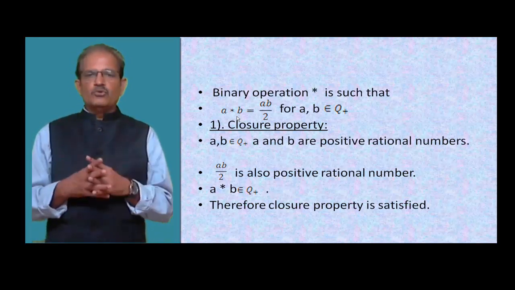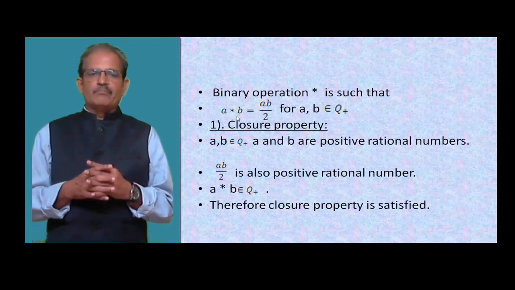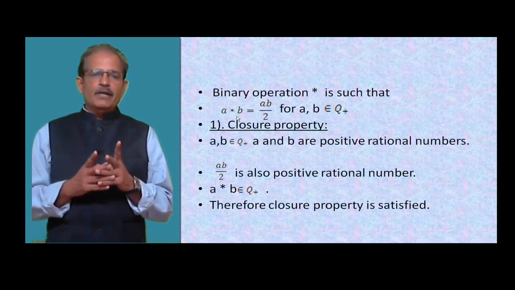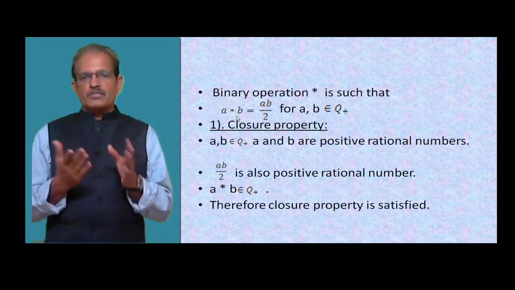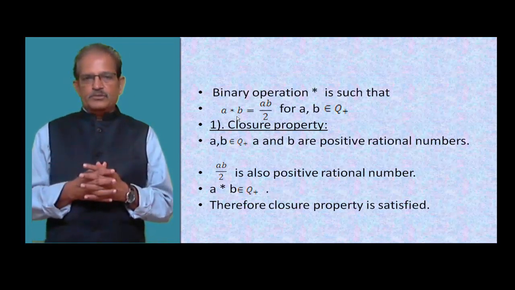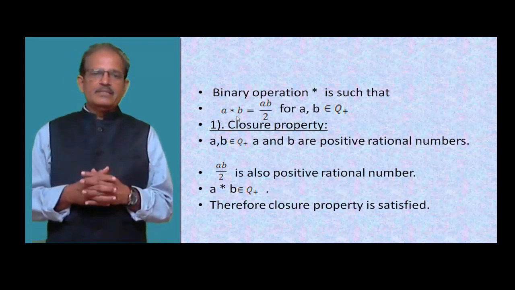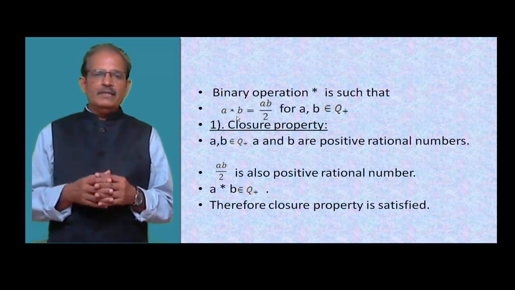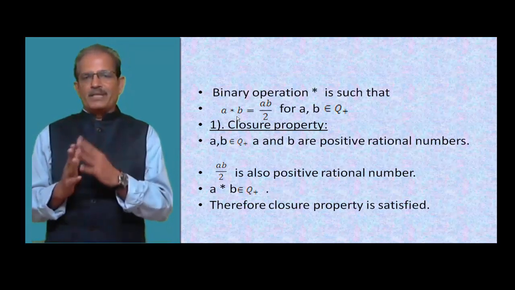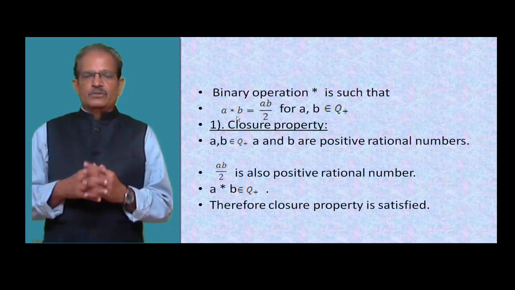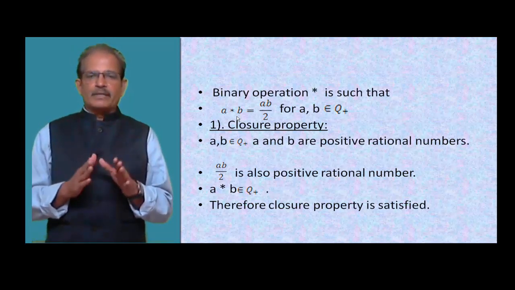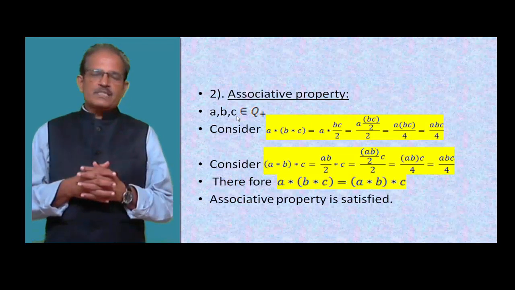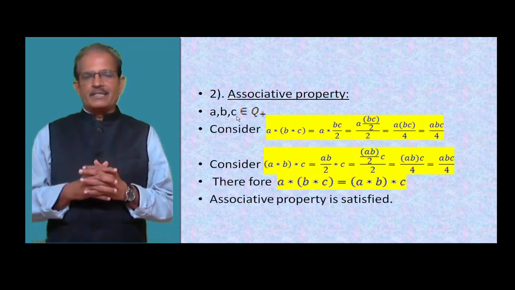When A and B are two positive rational numbers, AB by 2 is also a positive rational number. So A star B is AB by 2. So it is a positive rational number. So definitely A star B belongs to Q plus. So that means the closure property is satisfied. So first property is satisfied.